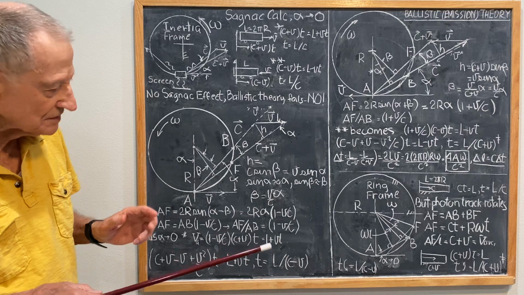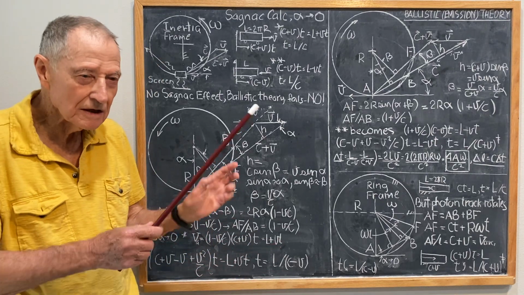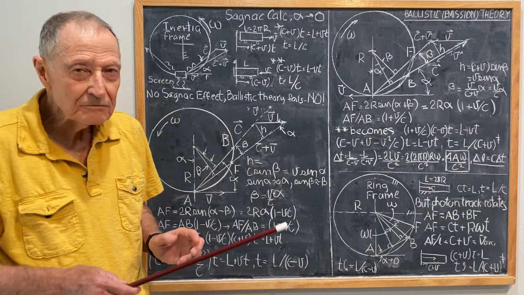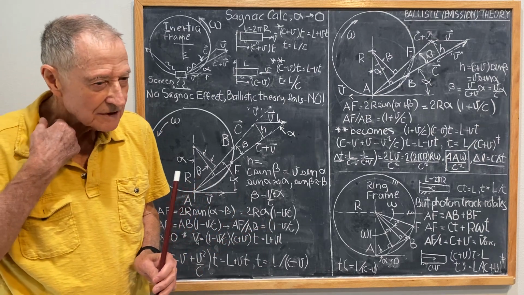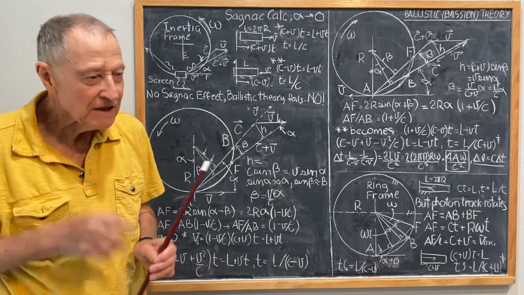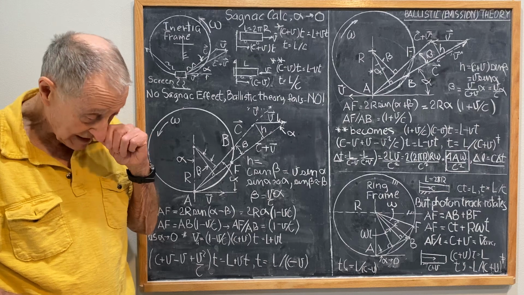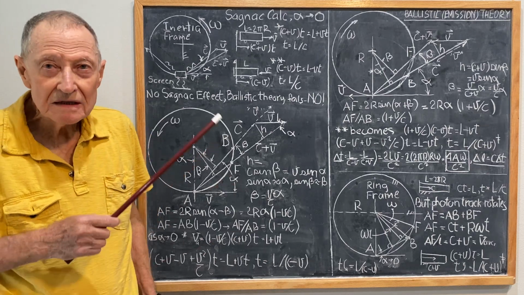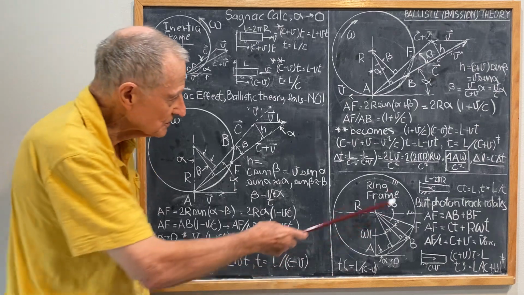So to sum up, the Sagnac calculation for a rotating ring based on an inertial frame and on a frame fixed to the ring give exactly the same result for the Sagnac calculation, which is this here.